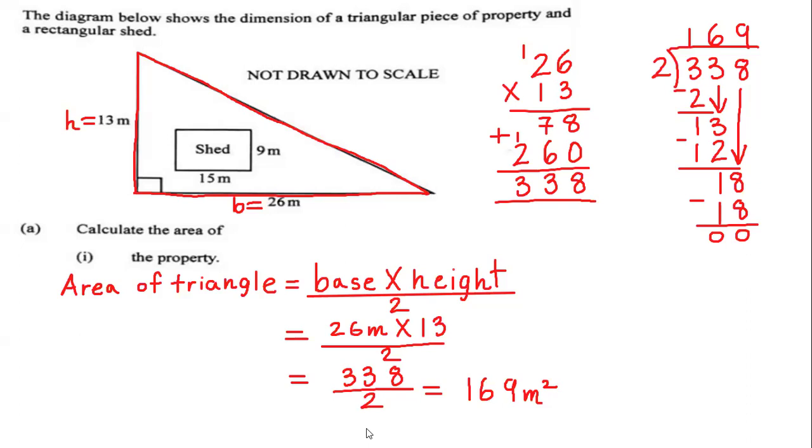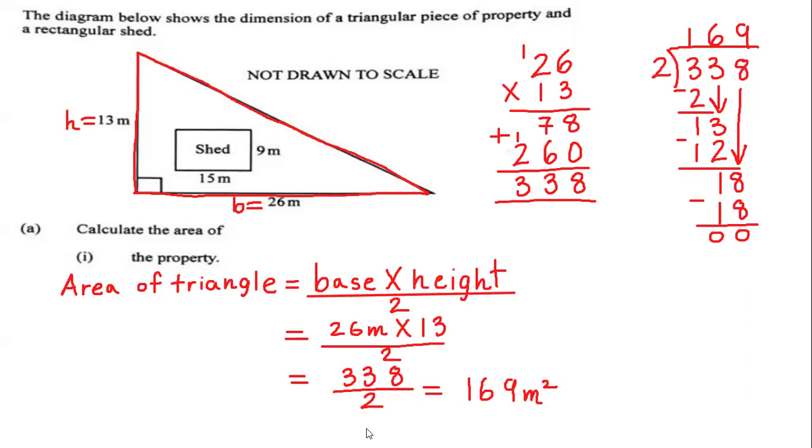In this case, our base will be 26 meters and our height will be 13 meters. 26 times 13 equals 338. We put it over 2 and we divide.